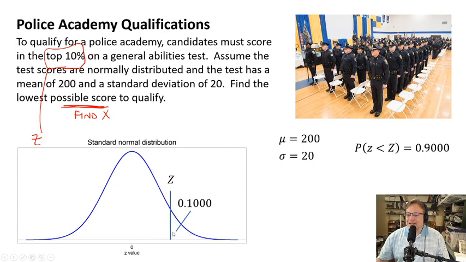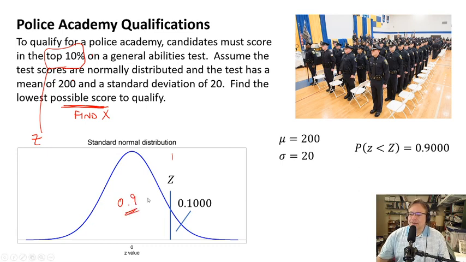So that's going to be here somewhere, in which 10% of the area is to the right of this. We want to know what this threshold is. And it's going to be whatever threshold it is that the probability that z is less than this is going to be not 0.1, but 0.9. All of this over here is 0.9.